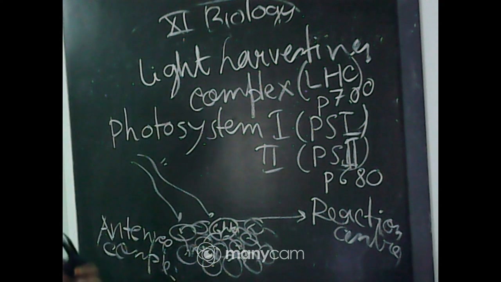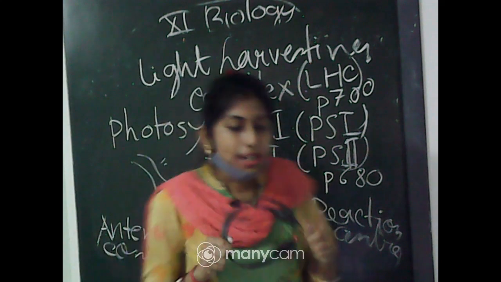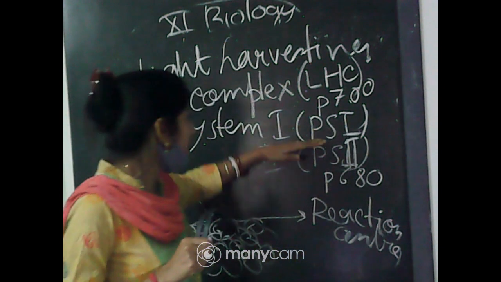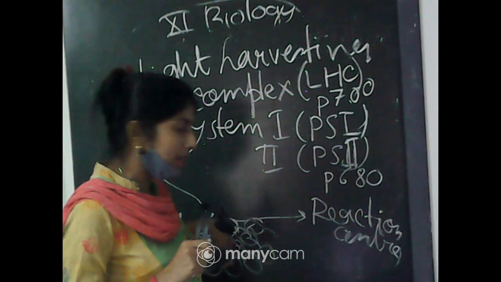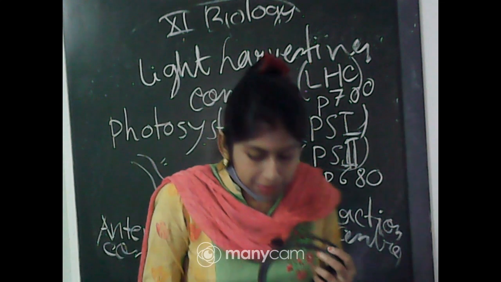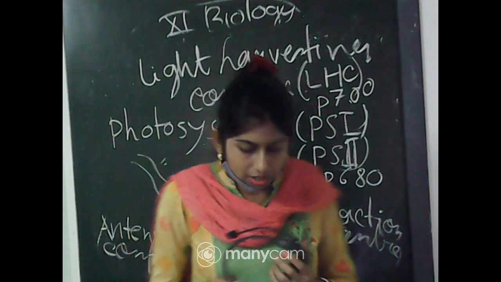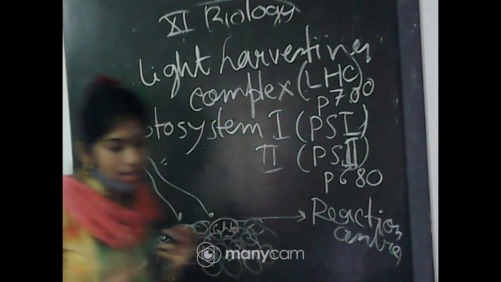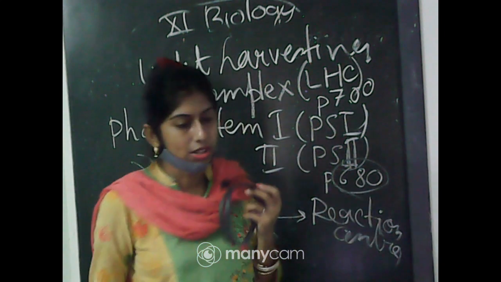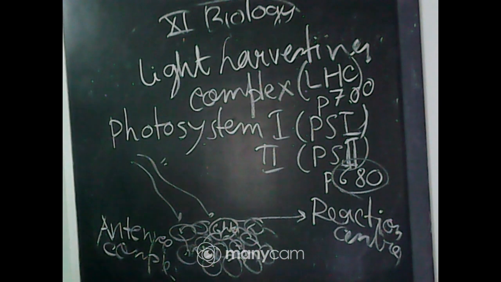In PS1, the reaction center chlorophyll A has an absorption peak at 700 nanometer, so it can absorb maximum light at 700 nanometer. Hence it is called P700. In the other case, PS2 has an absorption maximum at 680 nanometer, that's why it is called P680. So with the help of this system light can be absorbed.